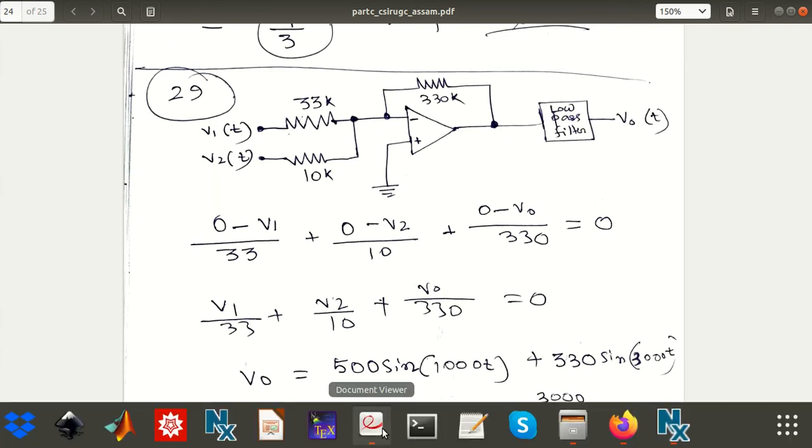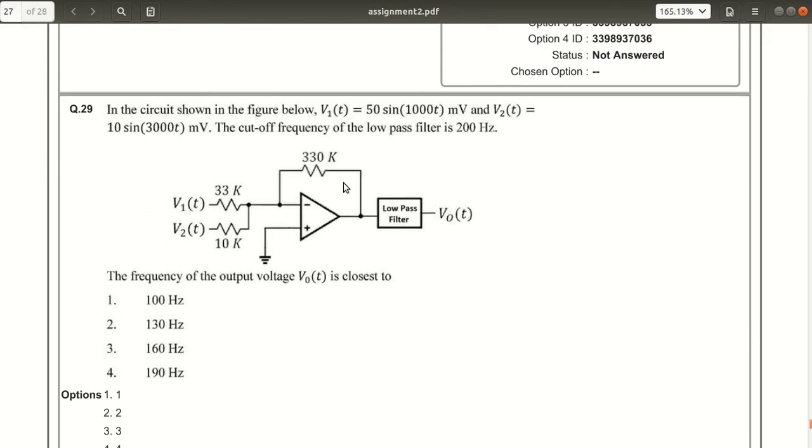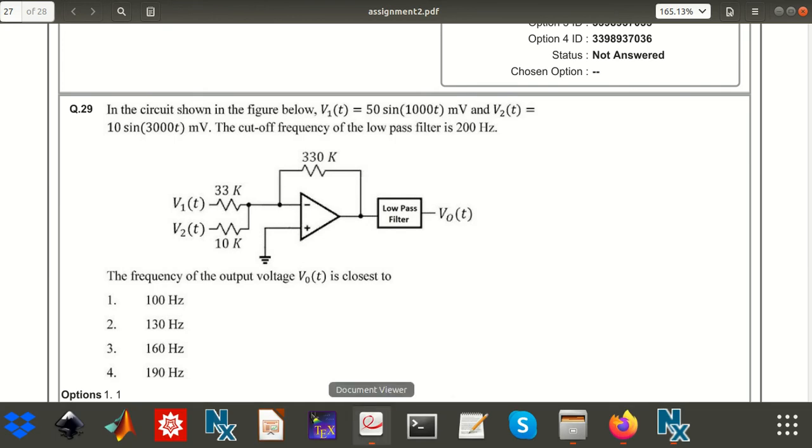So now this question. In the circuit shown in the figure below, V1(t) is 50 into sine 1000 t millivolt, and V2 is 10 into sine of 3000 t millivolt. The cutoff frequency for the low pass filter is 200 Hz, and the frequency of the output voltage is closest to. Now here we have this situation.